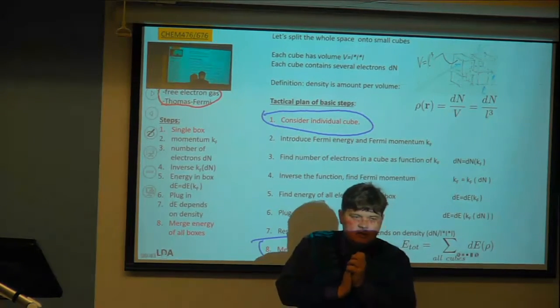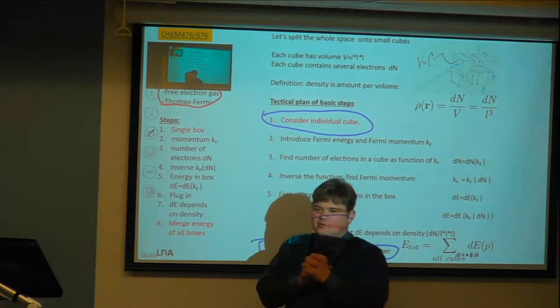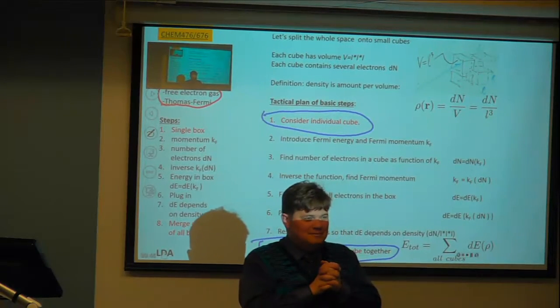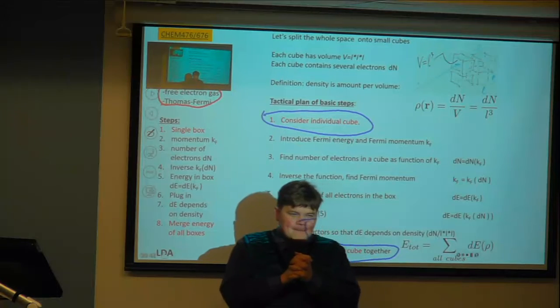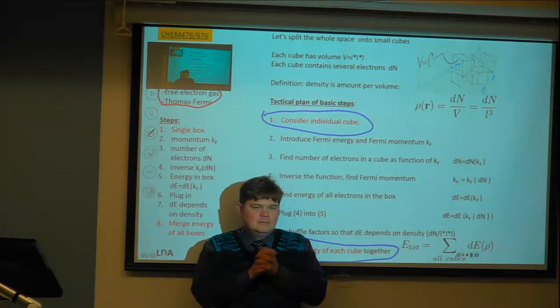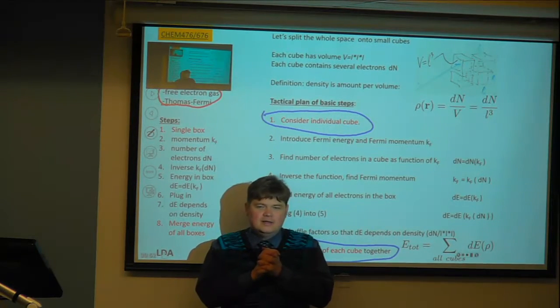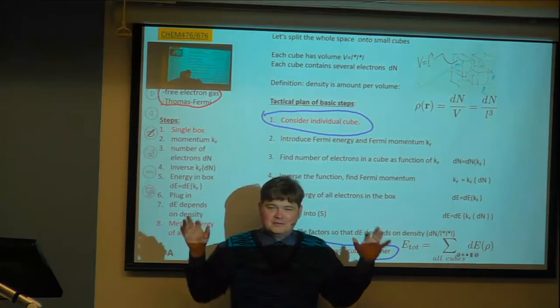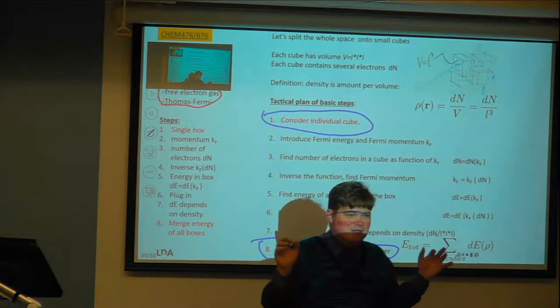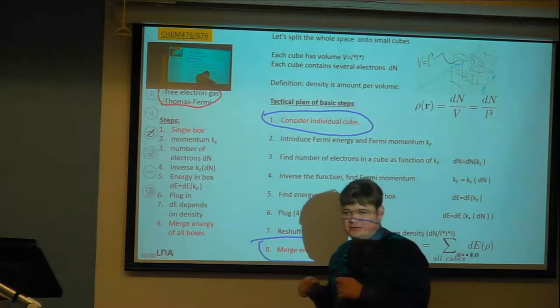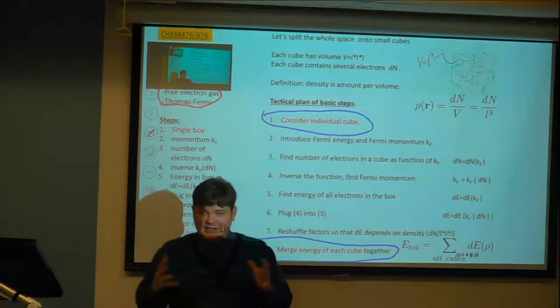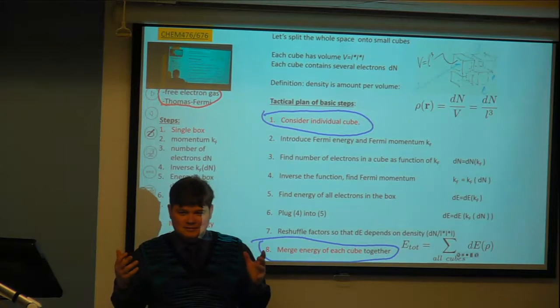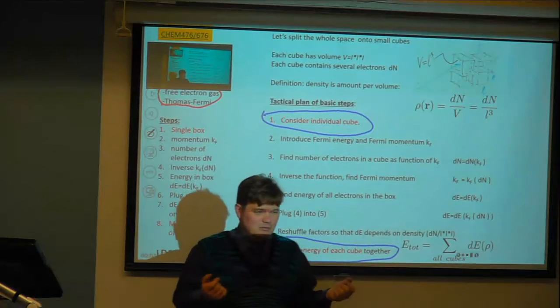We're going to describe a fantastic universe, which has no ions, only electrons. And these electrons do not interact with each other. So it's like an ideal gas of electrons. Crazy electrons just randomly move.